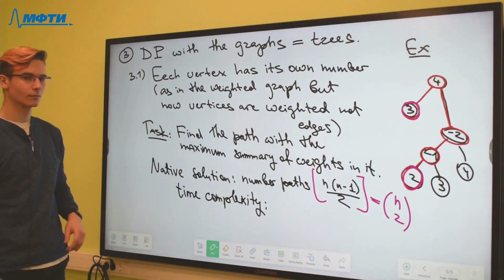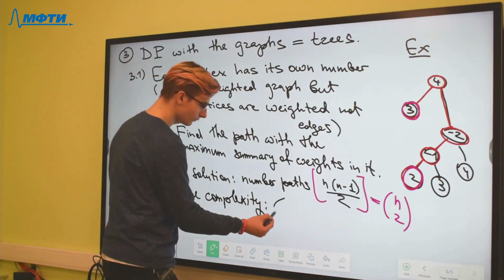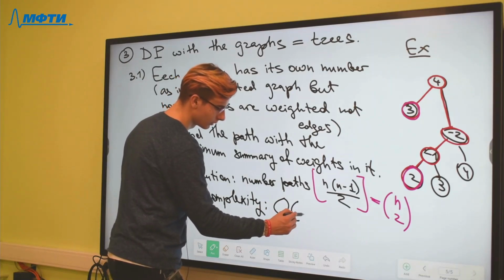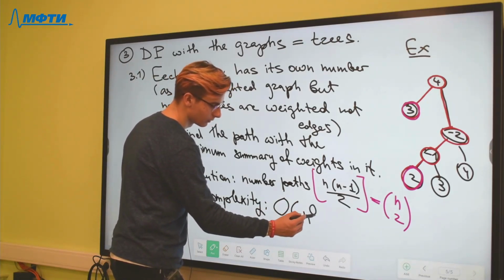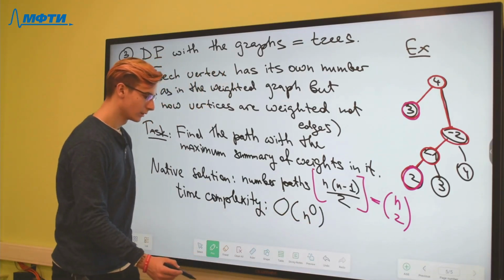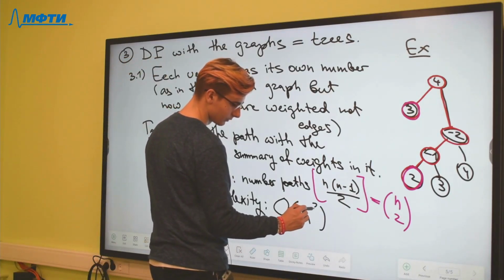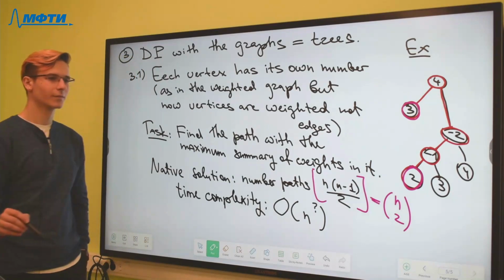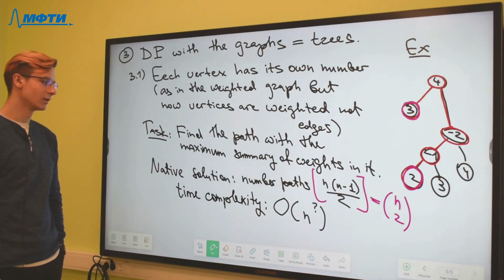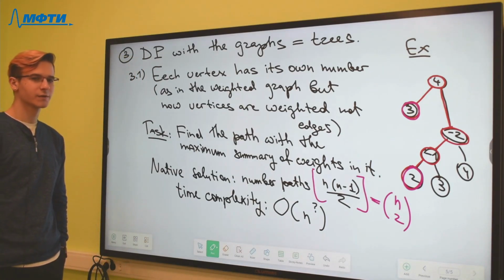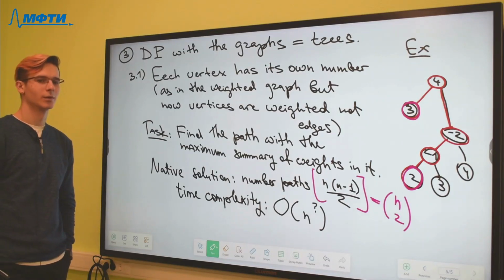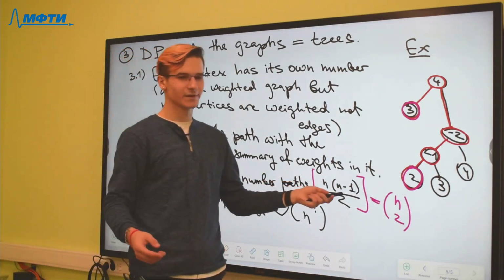O of n squared. O from n, what is here? Why do you say n squared? Because of the number of paths, yeah?